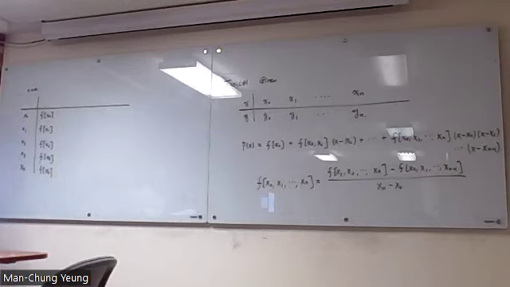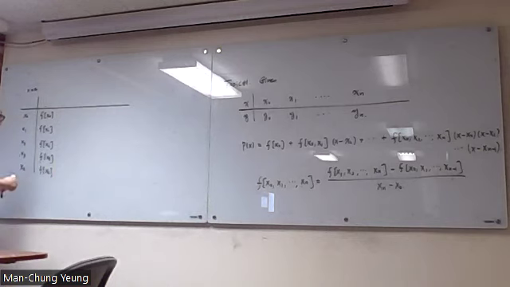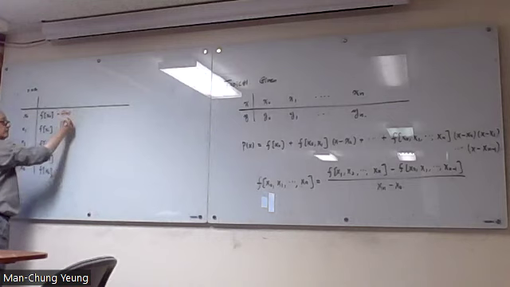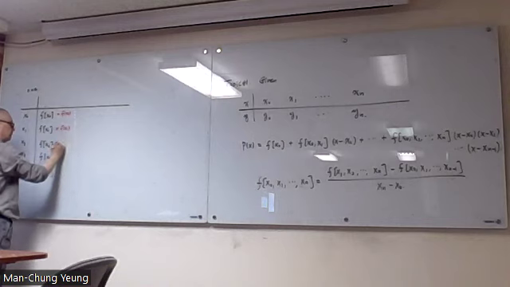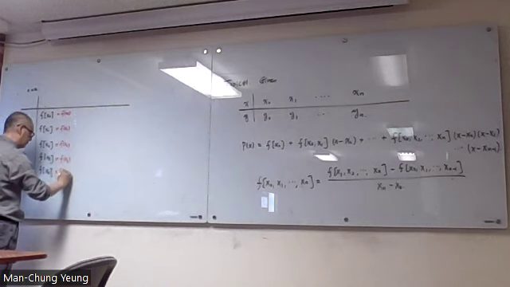Actually, these are the function values: the function value at x0, that is y0, at x1, at x2, at x3, at x4.